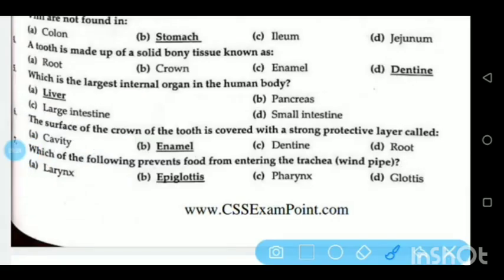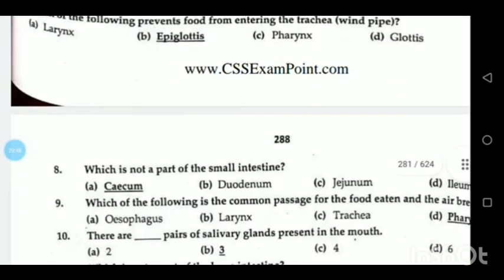A tooth is made up of a solid bony tissue known as dentine. Which is the largest internal organ in the human body? Liver. The surface of the crown of the tooth is covered with a strong protective layer called enamel. Which of the following prevents food from entering the trachea, windpipe? Epiglottis.